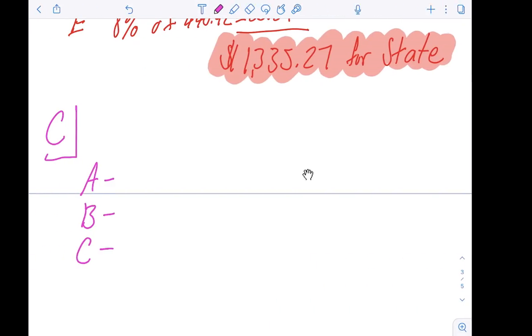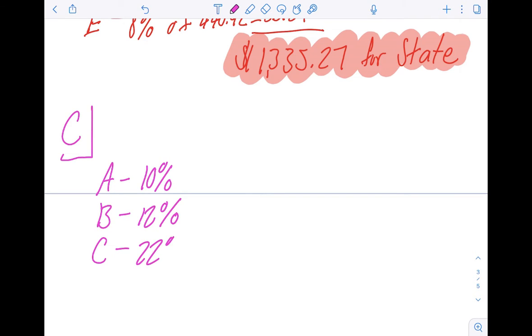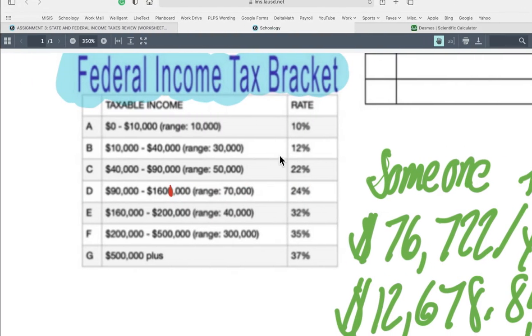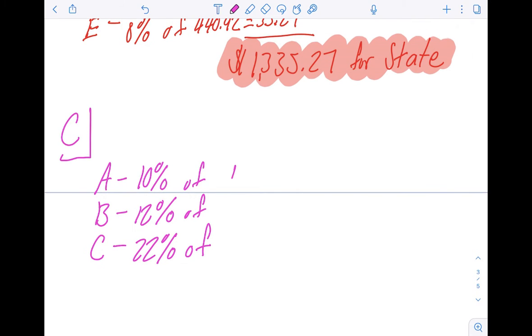10, 12, 22%. Okay? 10%, 12%, 22% of. Well, let's see how much is the range in the first bracket. The range is 10,000. The second range is 30,000. So 10,000 and 30,000.